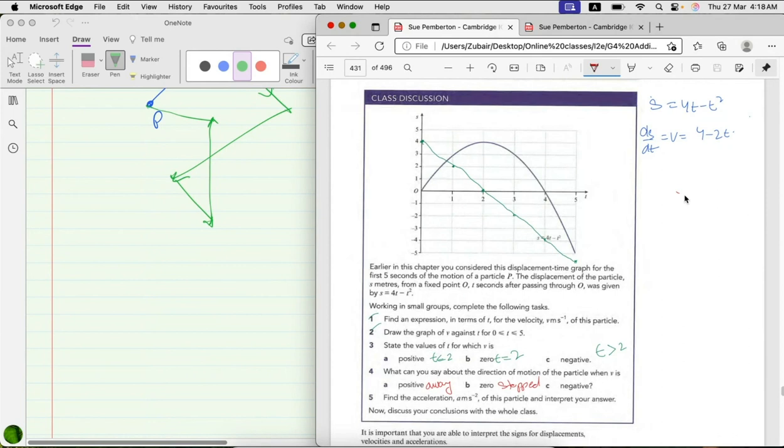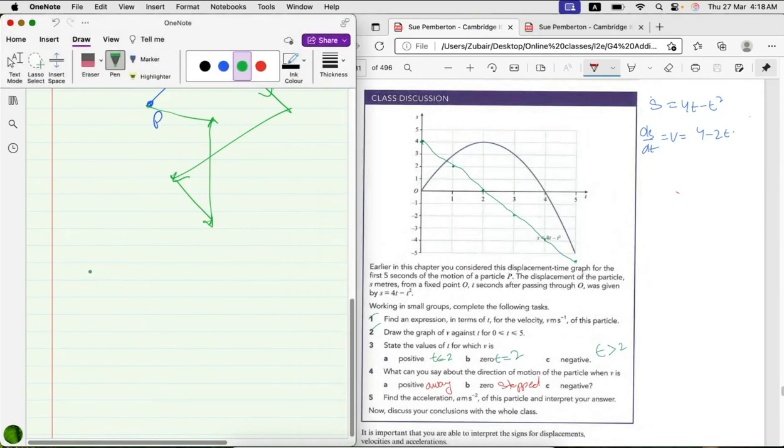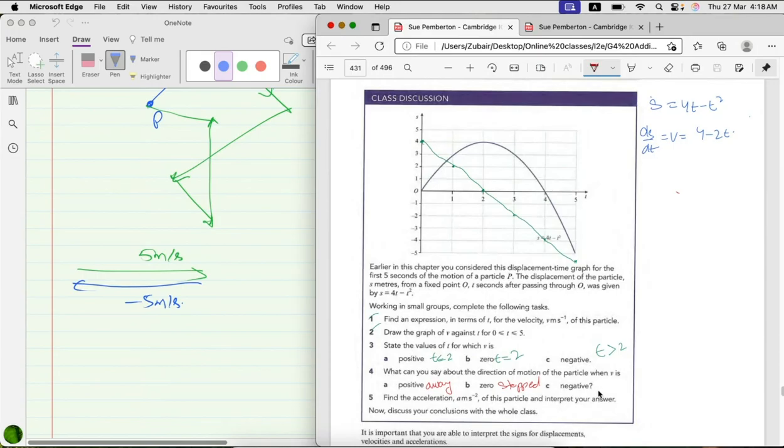And when it is negative, it is coming back, or in the opposite direction. Normally we say the car is moving with 5 meters per second in this direction, and minus 5 would mean reverse, just like vectors. Velocity is a vector quantity. So if that was towards north, now it is towards south.